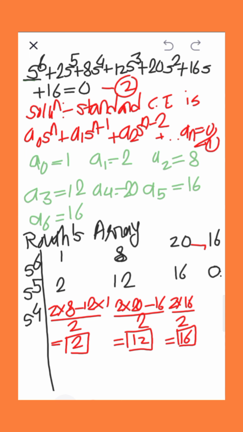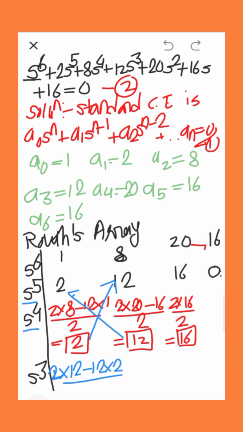So we will go for the next, that is s to the power cube. For this we will consider s to the power 4 and s to the power 5. So 2 into 12 minus 12 into 2 upon 2.